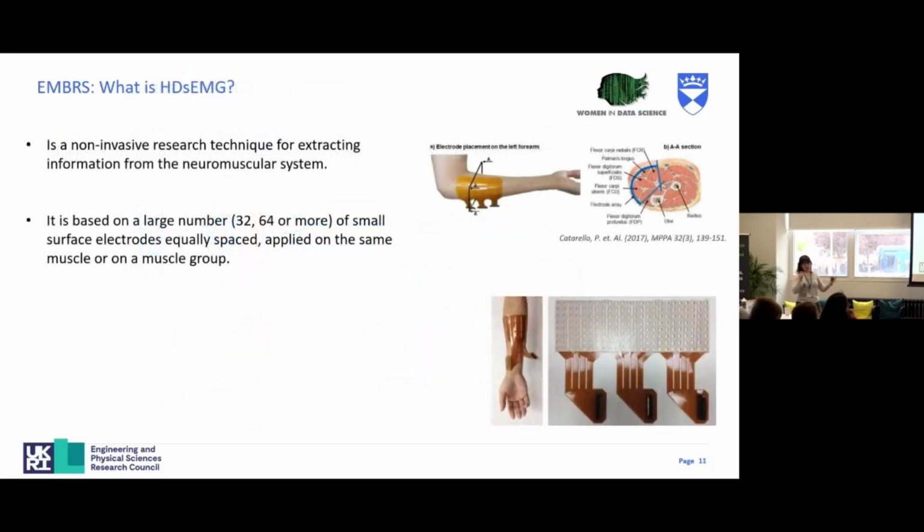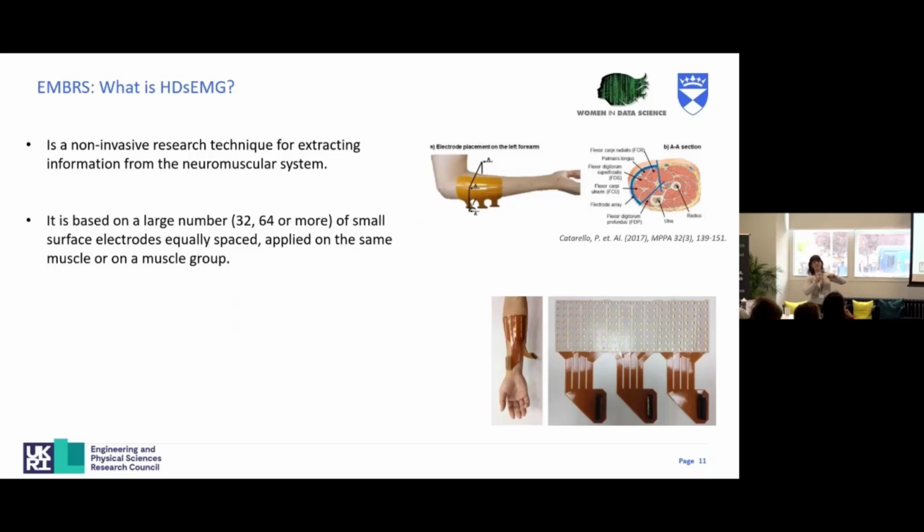So I'm going to use a high-density EMG, just as we all want better resolution in our TVs. That has evolved as well with electromyography. So I'm going to use a high-density array, or a 2D array. It's a non-invasive approach as well, so you don't cause any pain or any discomfort to anyone. It is based on a large number of arrays. It could be from 4 to 400 channels, depending on the system that you have.